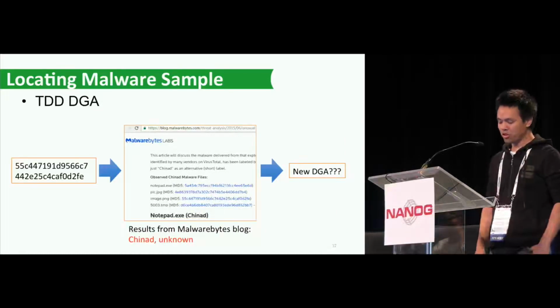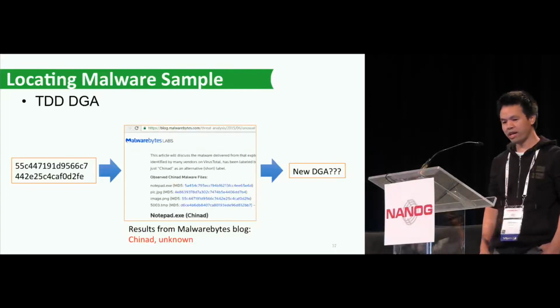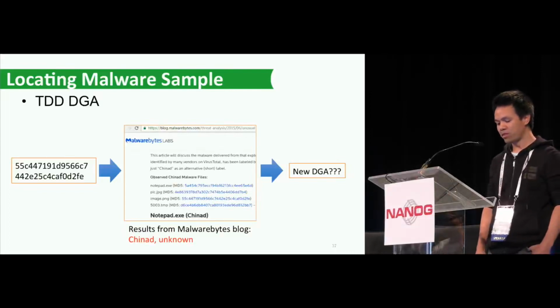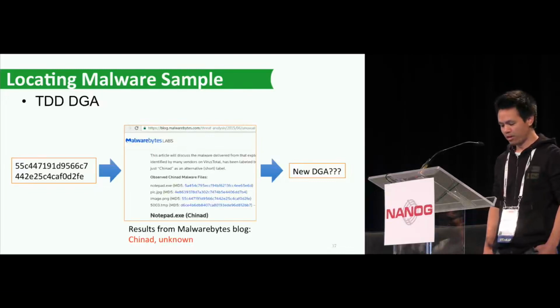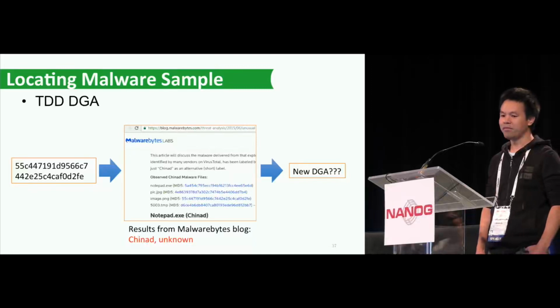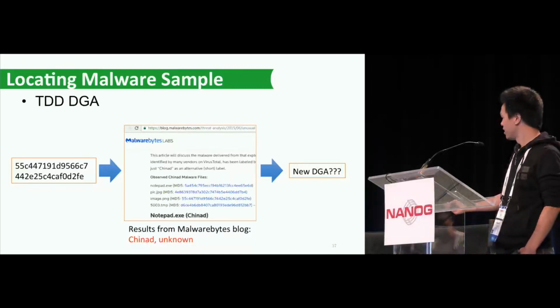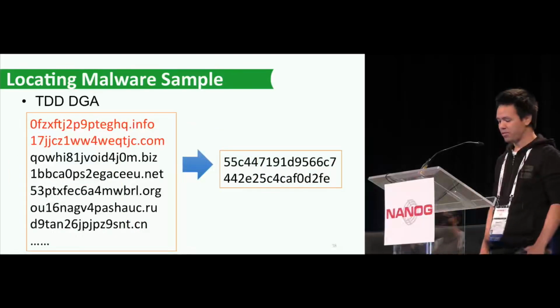Through Google search, we found the Malwarebytes blog. They have analyzed this sample and named it ChinaD, but the article did not mention anything about the DGA. So we created a new DGA family and named it ChinaD. Recap.